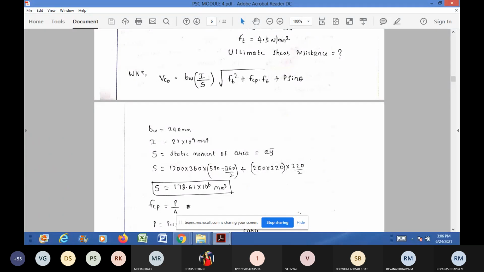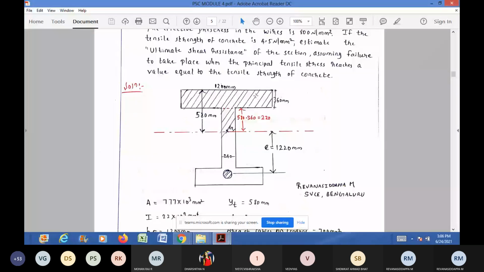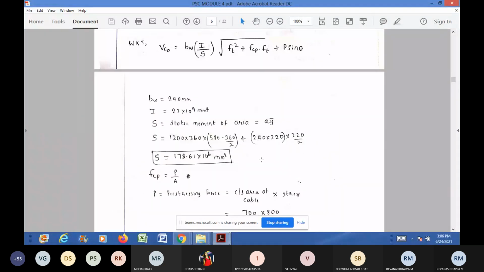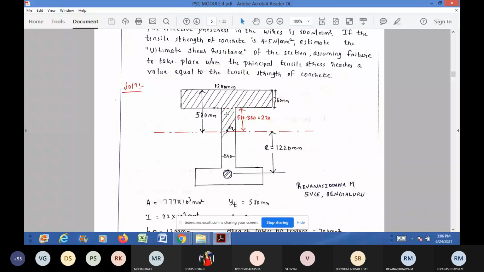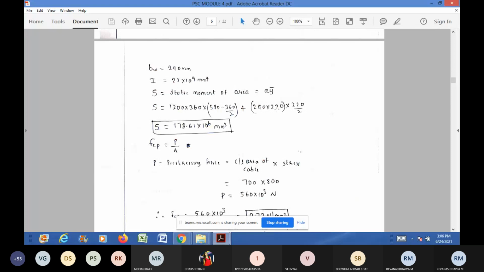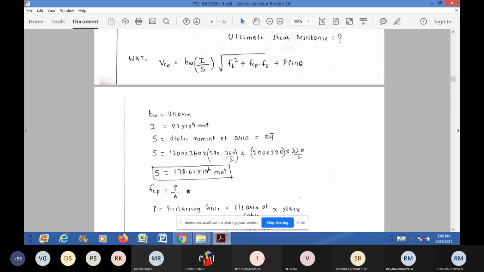Or else you can calculate 220 plus 360 by 2. You will get the same answer. Next, I calculated moment of this first rectangle, that is 220 into 240 is the area, into perpendicular distance, directly height divided by 2, 220 divided by 2, that is 110 mm.